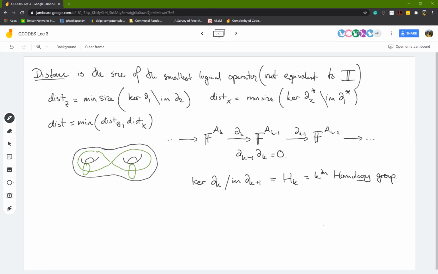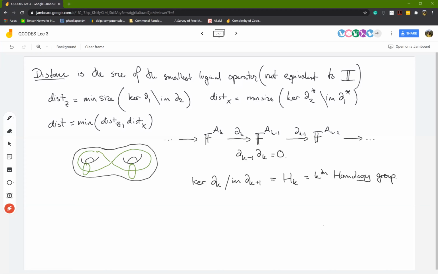I think you showed that CSS codes are equivalent to just taking 3 such objects, A2, A1, A0. Do these objects give you generalizations of CSS codes, if you take A_K, A_{K-1}, and so on? No, the CSS code is really just a property of the 2 adjacent boundary maps with this condition.